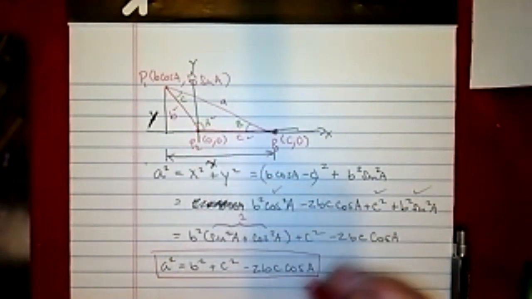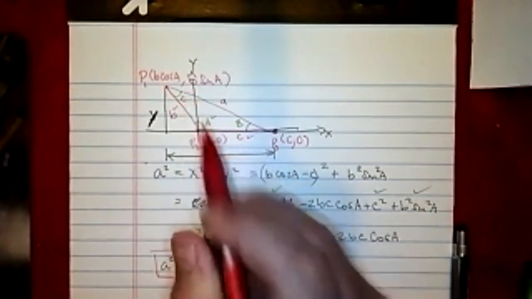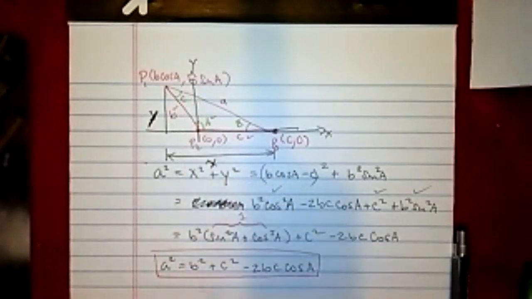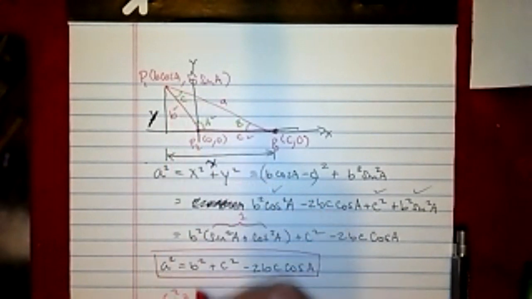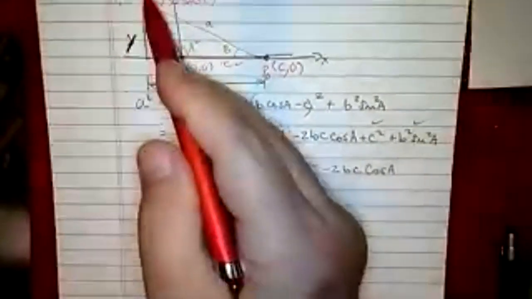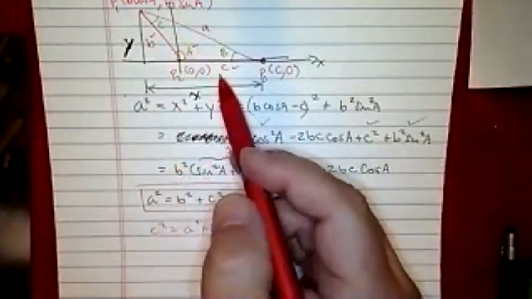So what that means is we can also do it for this one, in which case I'd say c squared is equal to, now c squared is this one. The two sides are a squared plus b squared. So c is up here. This is the side c.